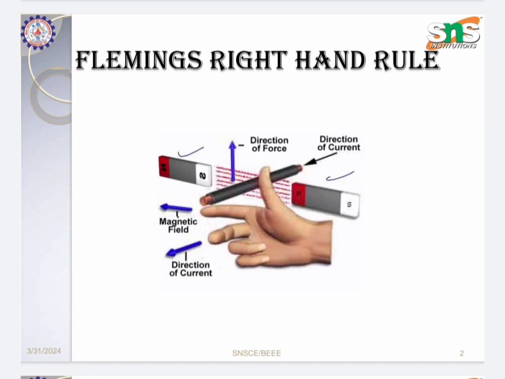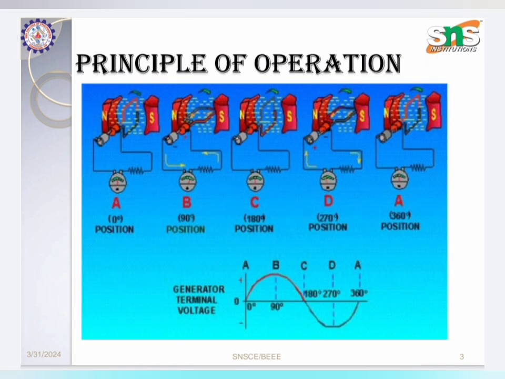The direction of the thumb represents the direction of the mechanical force, the forefinger represents the magnetic field, and the middle finger represents the direction of the current. So Fleming's right hand rule will clearly tell us about the direction of the EMF induced or the current produced. Here you can see the principle of operation, which is represented using a picture.